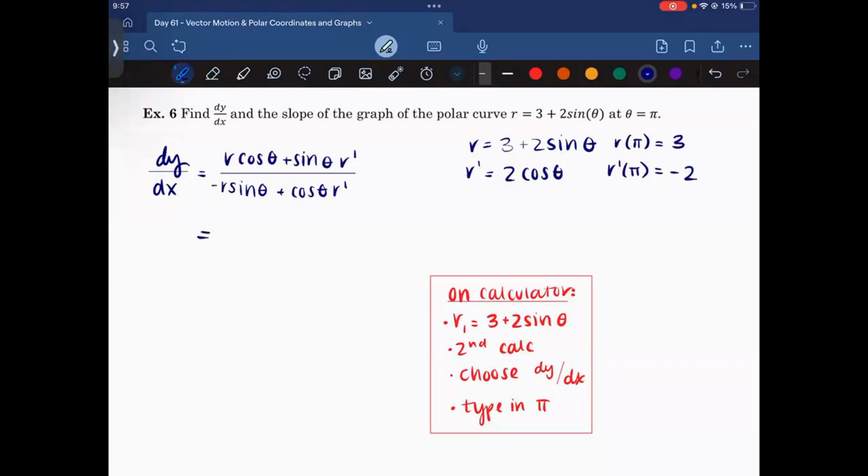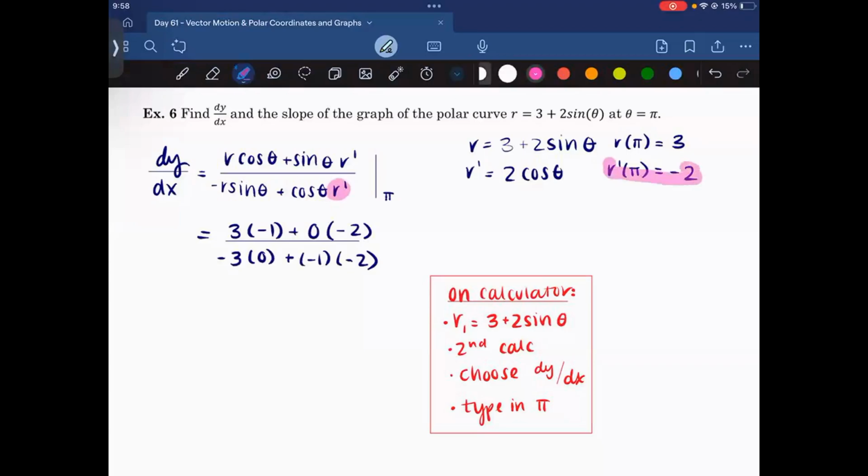Now plugging that in, we have 3 times negative 1 plus 0 times negative 2. And then we have negative 3 times 0 plus negative 1 times negative 2.